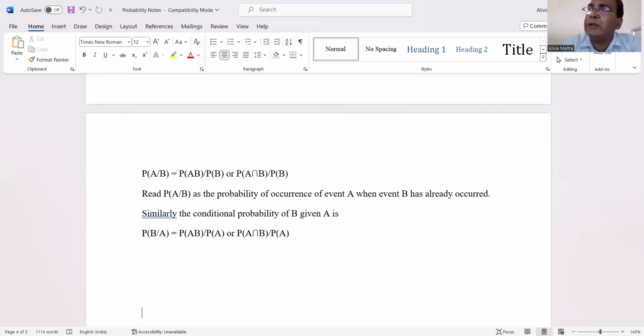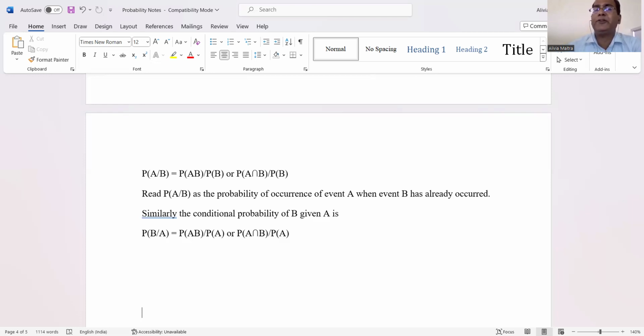Now, one more thing. That is called the multiplication property in probability theory. Actually, it is obtained from the concept of conditional probability. Conditional probability P(A|B) is equal to P(A intersection B) upon P(B). So P(A|B) is the conditional probability of event A when event B has already occurred, and this is equal to P(A intersection B) by P(B).